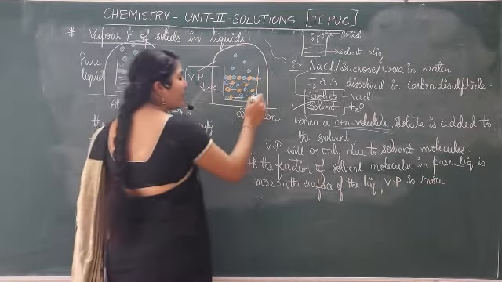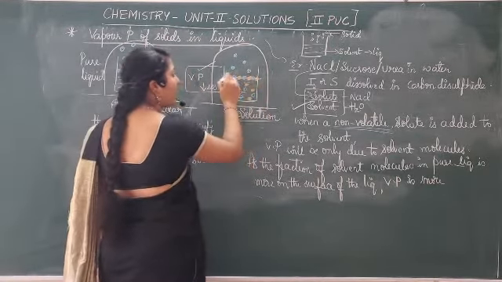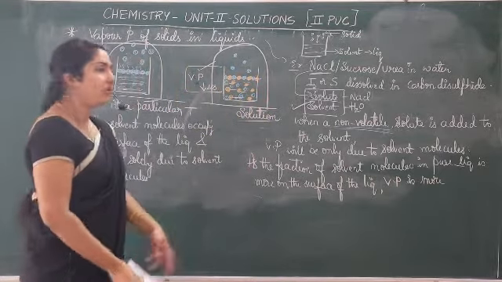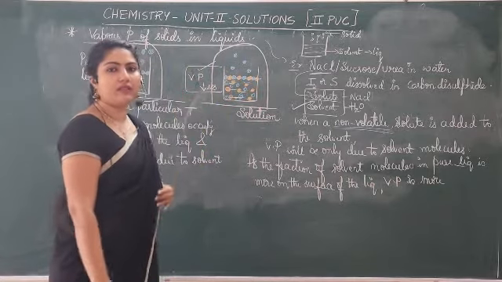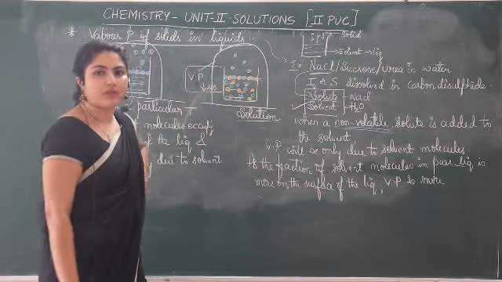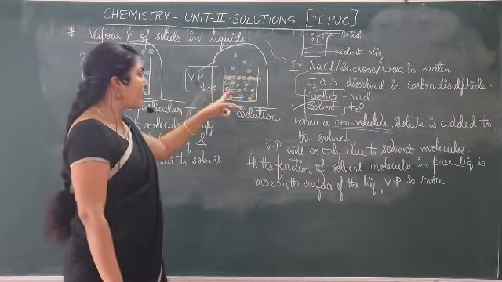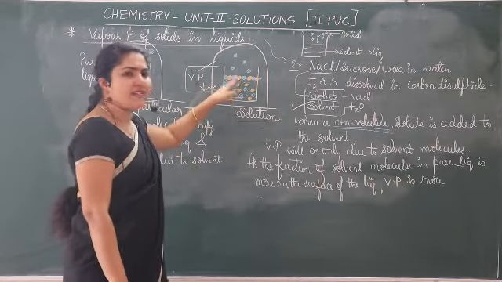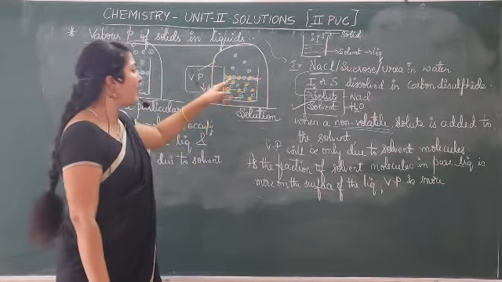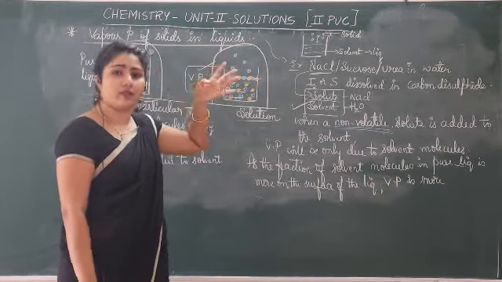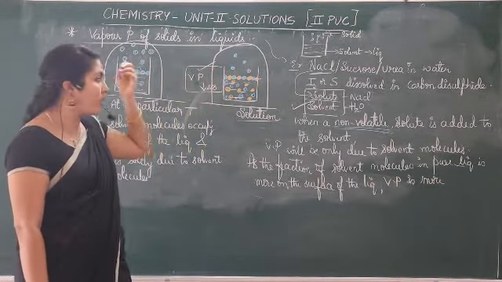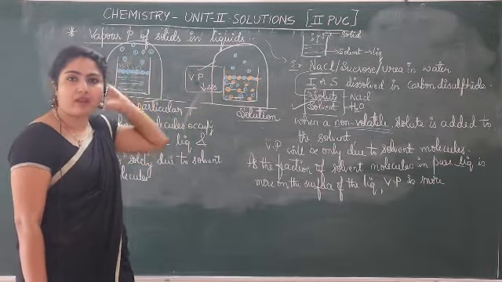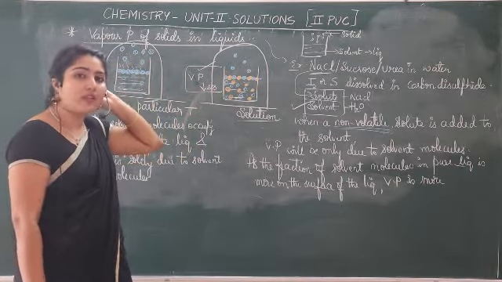In solution, vapor pressure decreases because the solute particles also come and acquire a place on the surface. It also comes to the surface of the solution and it is non-volatile. It doesn't evaporate. Whereas now only the solvent alone has to do its work. It has to exert vapor pressure.